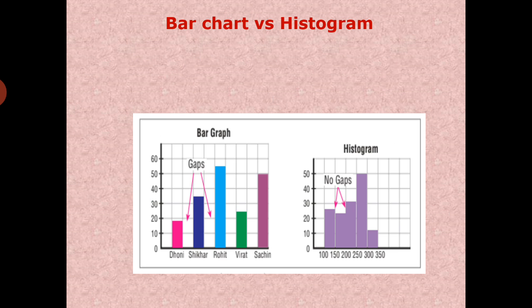Now students, let me introduce you to the histogram. A histogram is a powerful technique in data visualization. It is an accurate graphical representation of the distribution of numeric data. It was first introduced by Karl Pearson. It is an estimate of the distribution of a continuous variable.